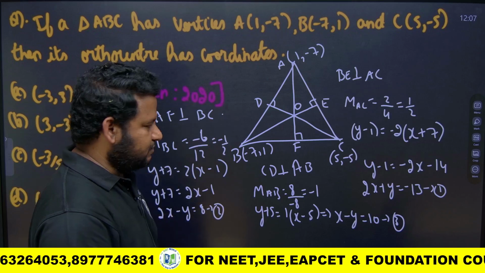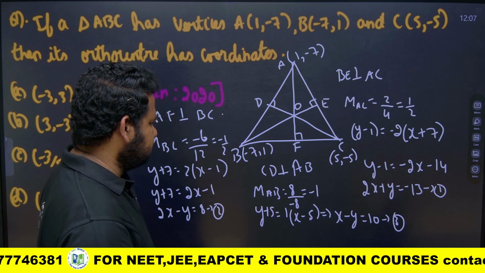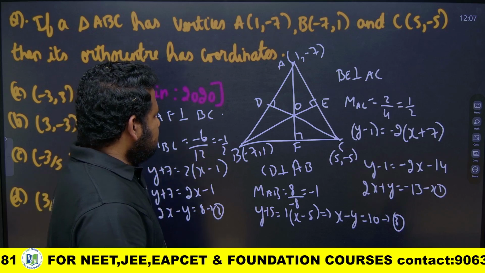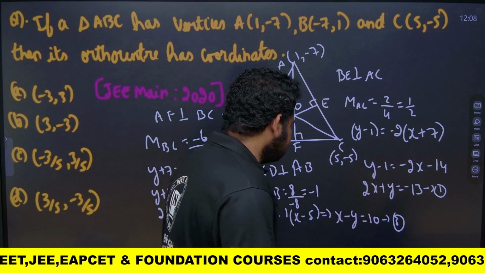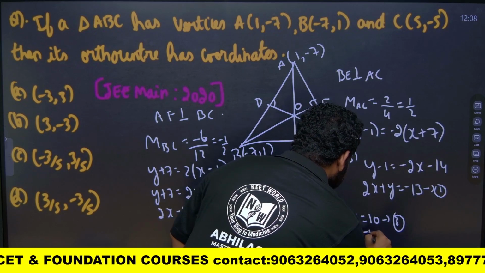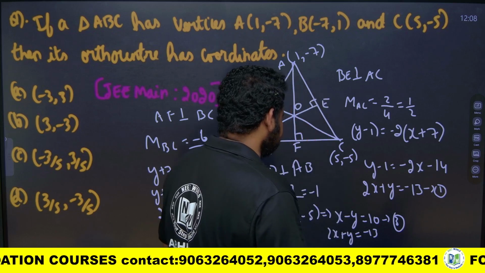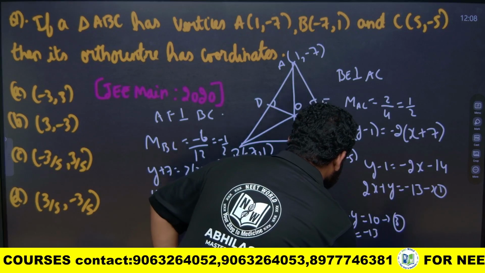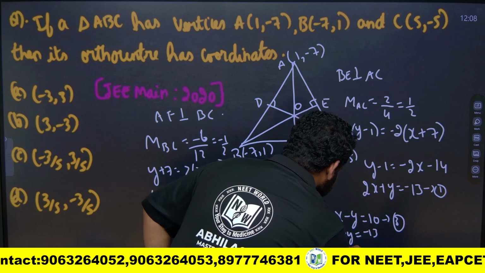We have to solve these equations and we will get the value of the orthocenter. Fine. So let me solve these two equations. I have 2x plus y is equal to minus 13 and x minus y is equal to 10. Let me multiply by 2. This is 2x minus 2y is equal to 20.